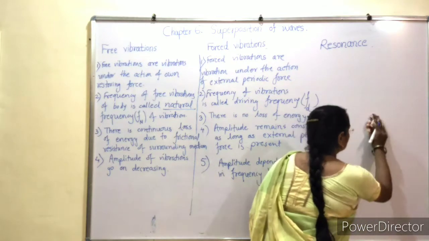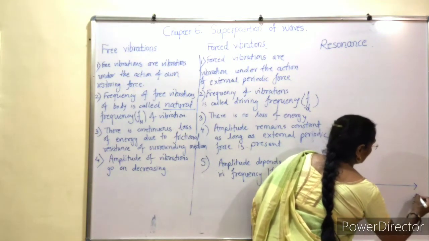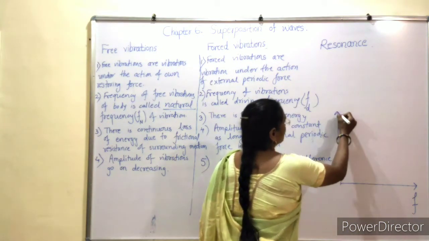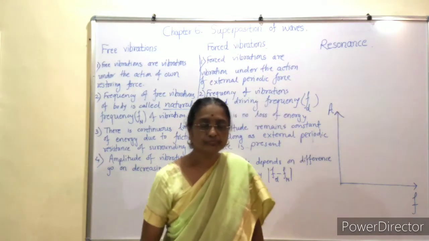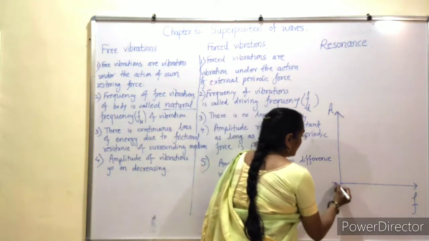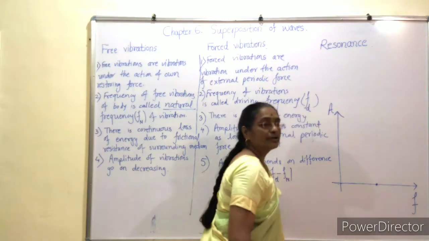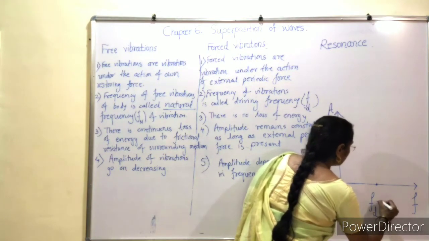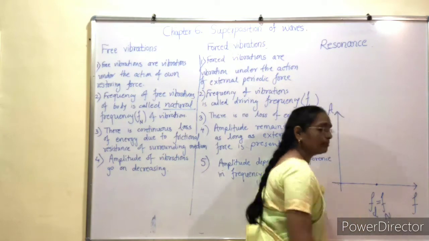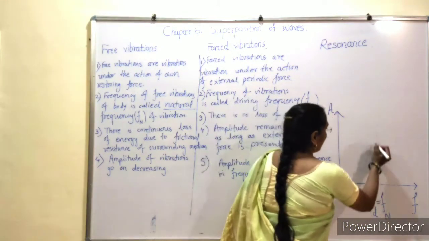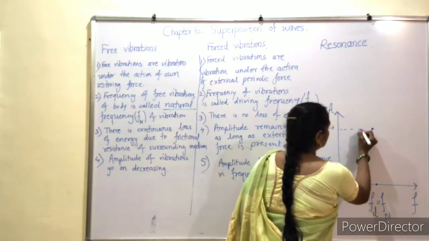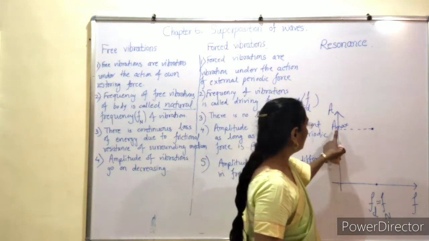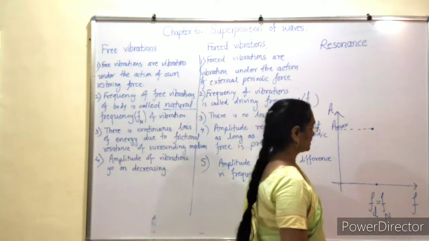Suppose the x-axis shows the frequency of the driving force and the y-axis shows the amplitude. Then it is observed that if this driving frequency is made exactly equal to the natural frequency of vibration of a body, then the amplitude is maximum. Maximum amplitude is denoted by A max.